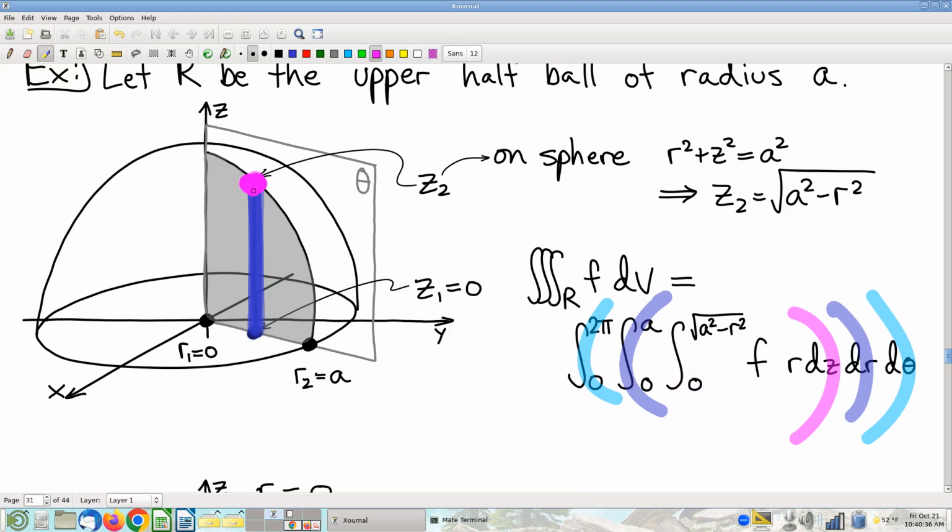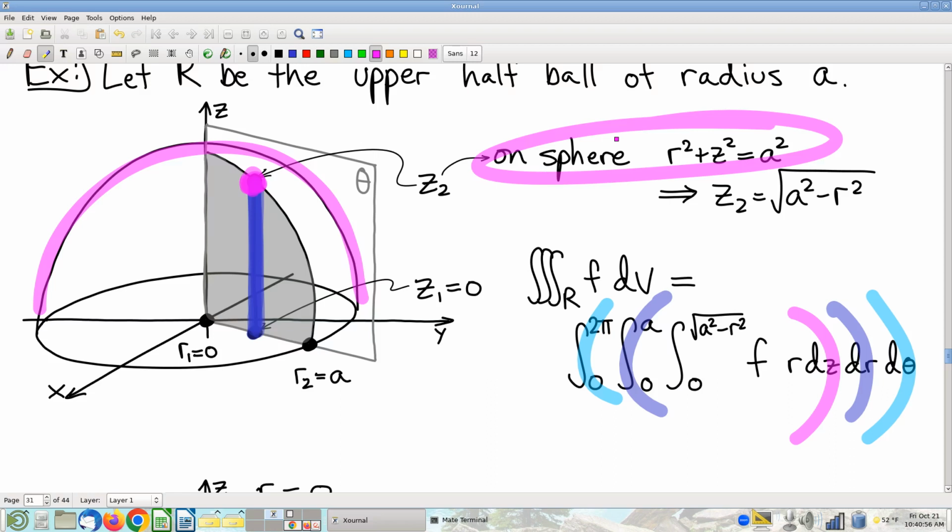Here's where we have to do a little bit of actual work. That upper bound, what can I say about that point, defining our upper bound of Z? Well, it's on that sphere. The picture tells us, so again, you've got to have a good picture. On the sphere, that sphere has that equation. That's the cylindrical equation now for the sphere.